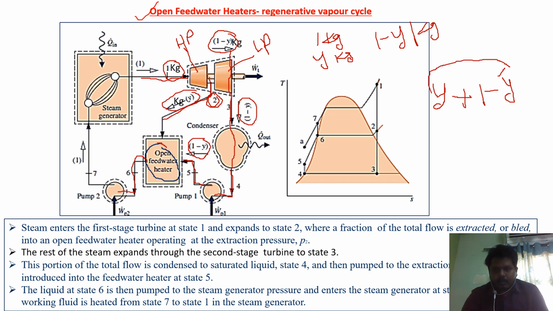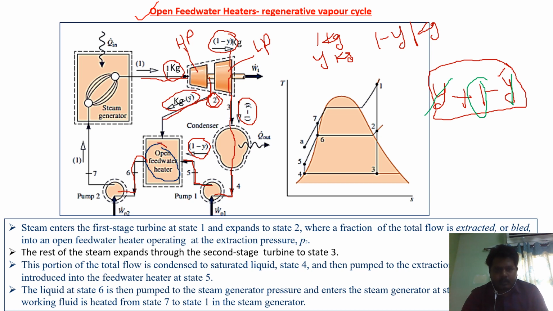Once both the masses are mixed in the open feed water heater, Y gets cancelled, and the remaining mass is 1 kg.